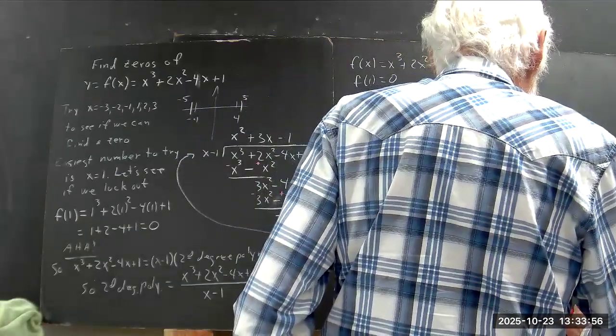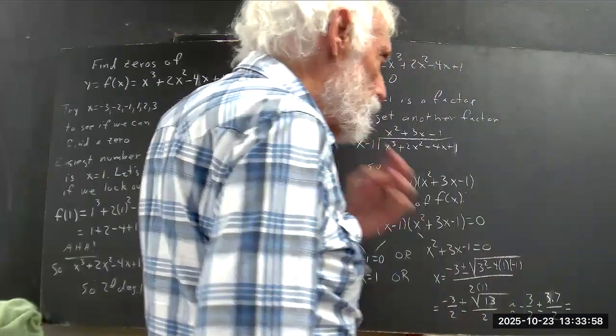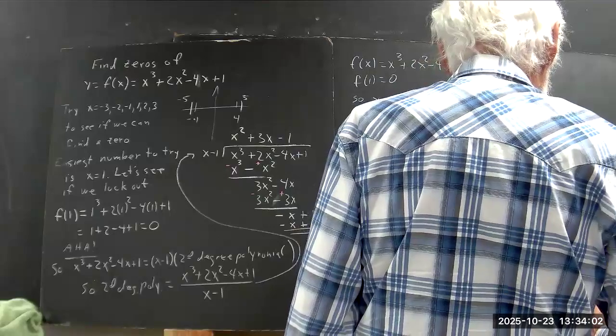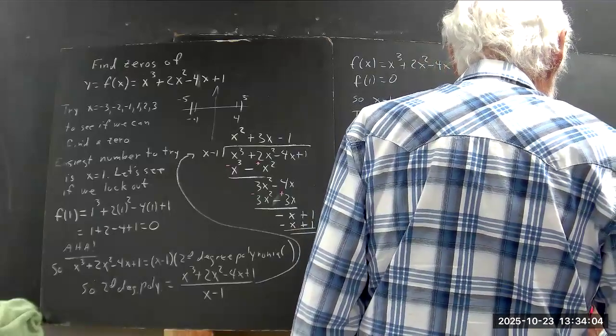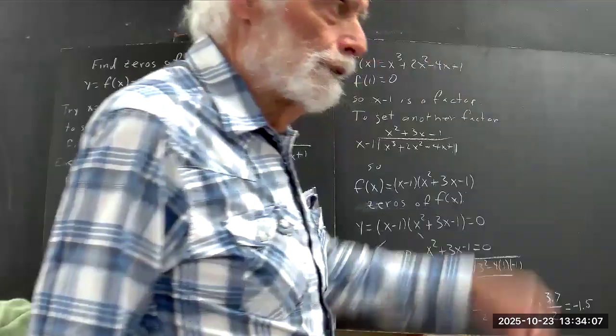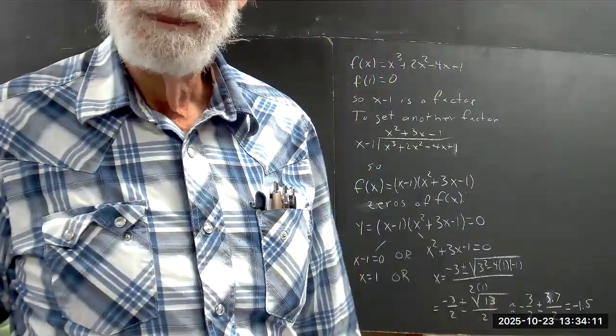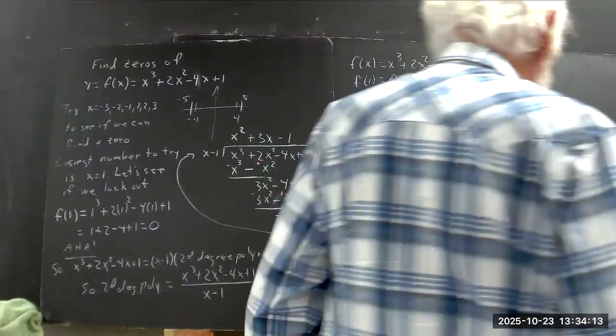So what's that equal? I'll go to decimals at this point because we don't have nice fractions. We don't have a nice fraction here with integers, okay? We're down to decimals.